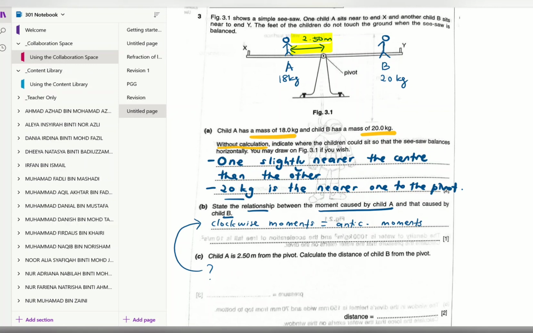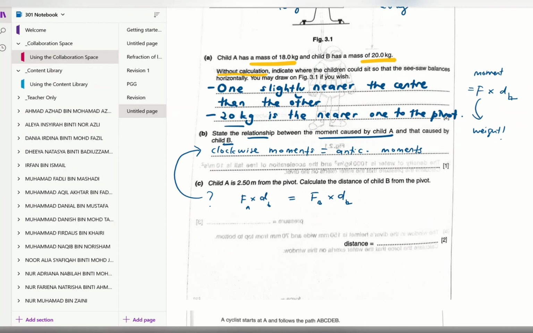Here, remember, moment equals force times perpendicular distance. What's the force? The weight is the force. Okay, remember, weight is a form of force. So this is the formula: moment anti-clockwise equals moment clockwise, and then 18 kg times the perpendicular distance 2.5 equals 20 times the distance.